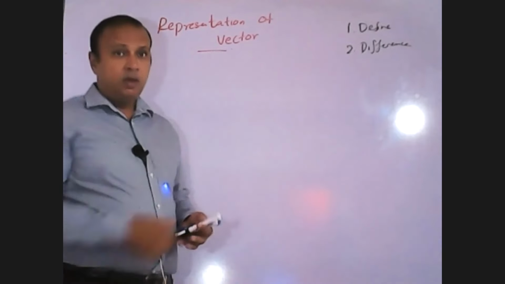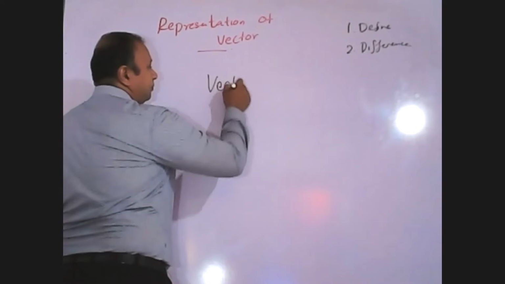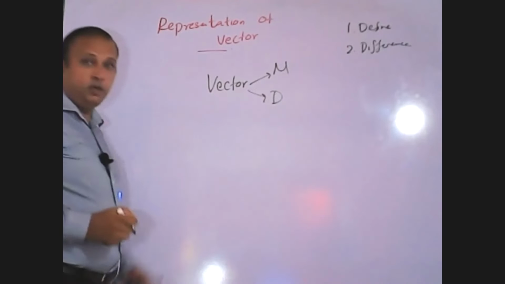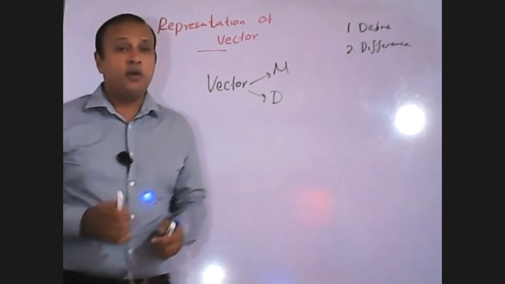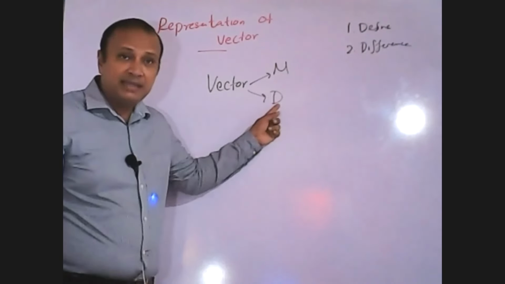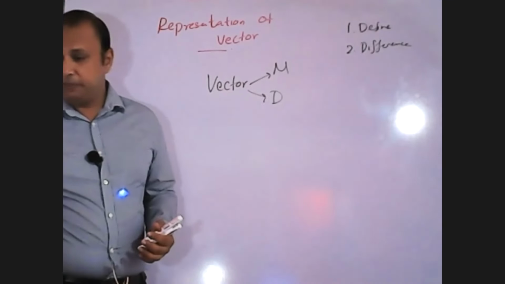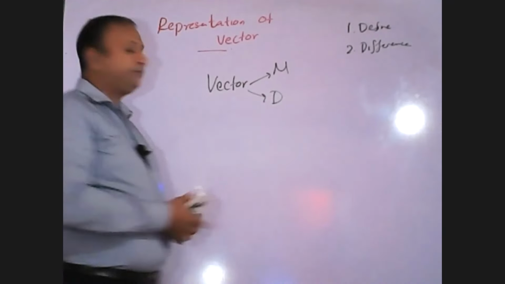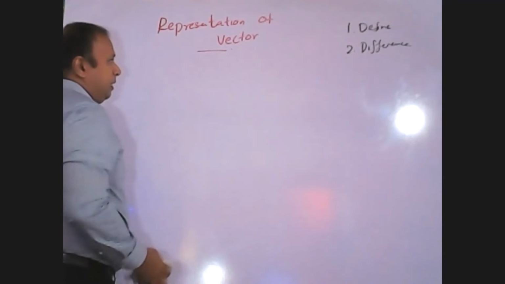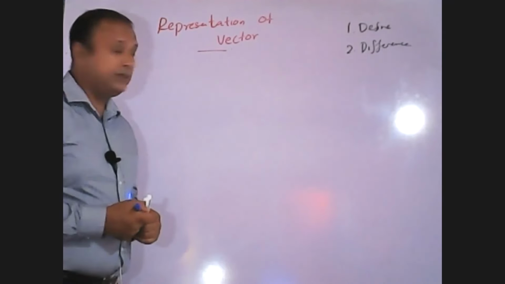As you already know, a vector has two properties. What are those? Magnitude and a direction. So if we want to represent a vector, we should represent the magnitude of that vector as well as the direction of that vector. There are two methods to represent a vector.